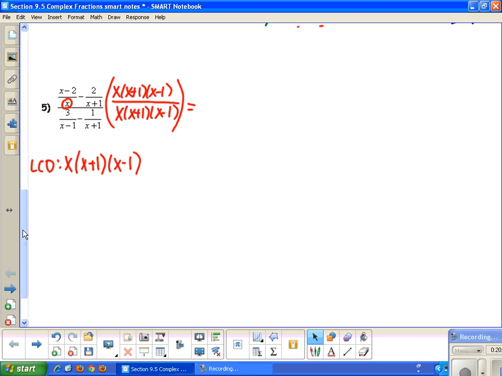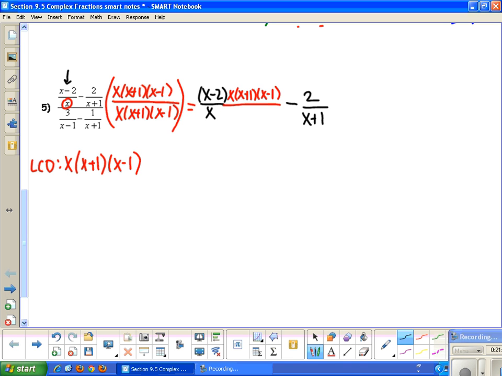So in my numerator, that means all of this gets multiplied by this first term here. So we have x minus 2 over x, and that's all going to be multiplied by x times, oops, and then we have minus 2 over x plus 1.